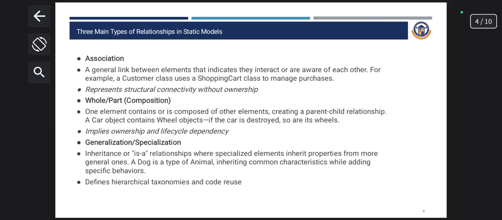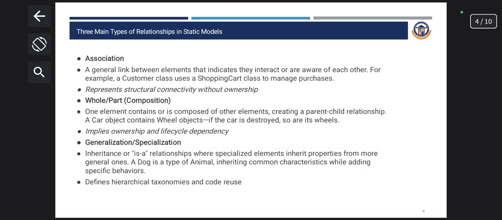The next one is generalization or specialization. Generalization or specialization represents an "is a" relationship. For instance, a dog is an animal, inheriting its properties but adding unique behaviors.